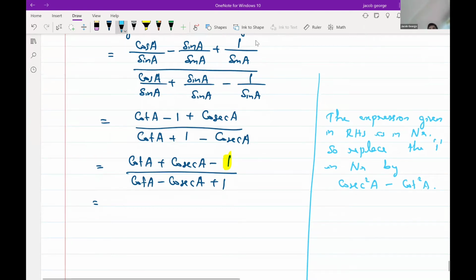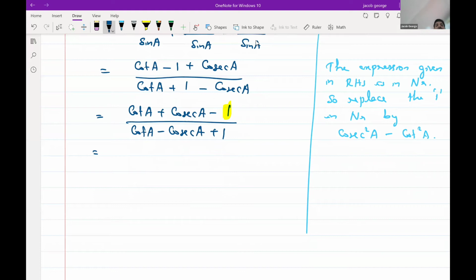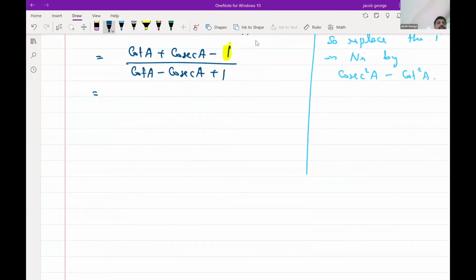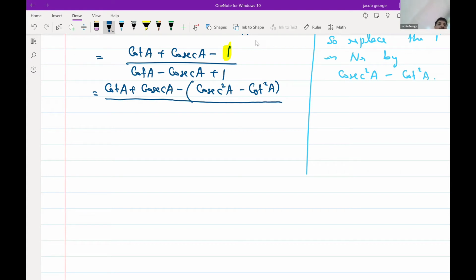Okay, so we are going to replace the 1 in the numerator accordingly. So this becomes cot A plus cosec A, minus, in bracket, cosec square A minus cot square A, all divided by cot A minus cosec A plus 1.